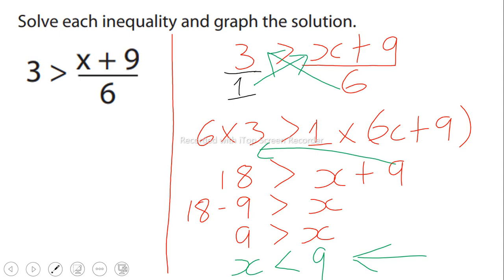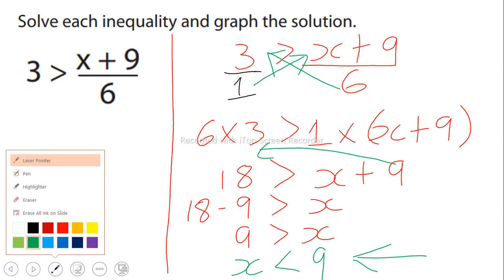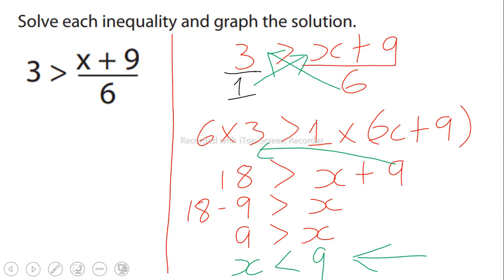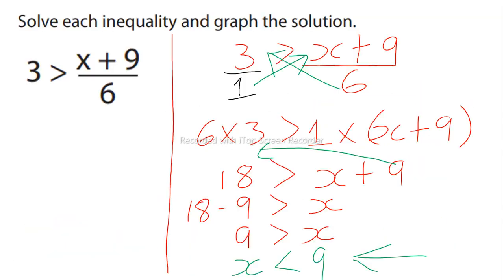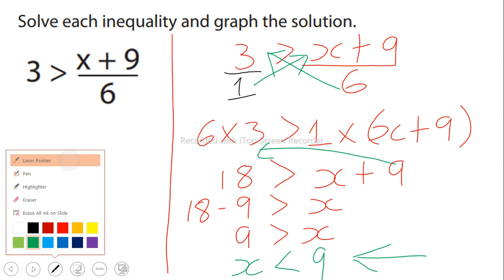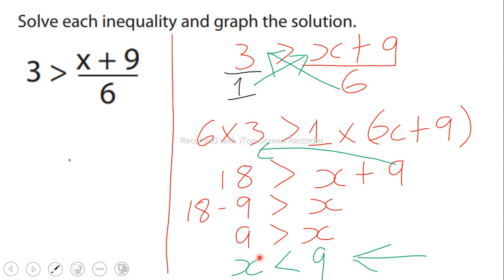I know to switch it back because every time we graph our solution, x is always to the left. Here it's on the right side, so I want to make x to the left before I graph it, so it makes sense to me when I graph it.